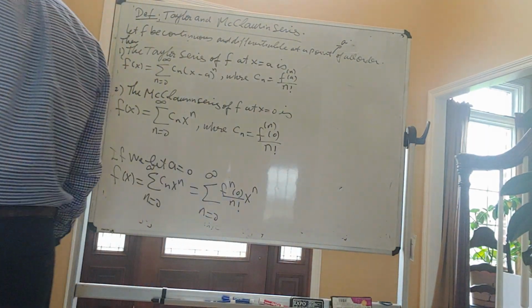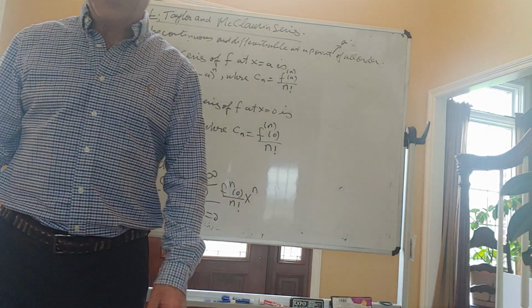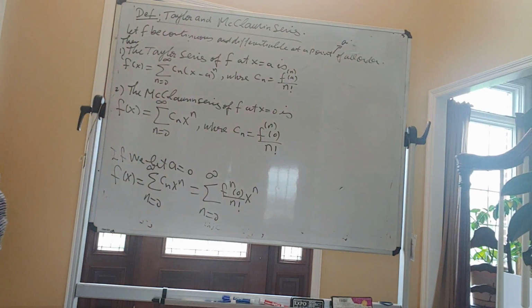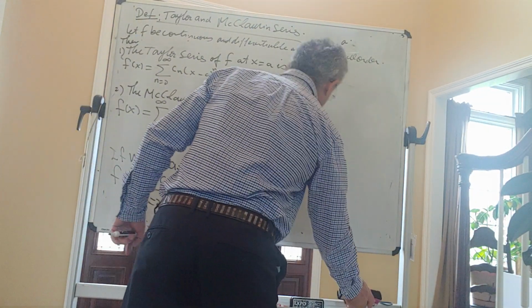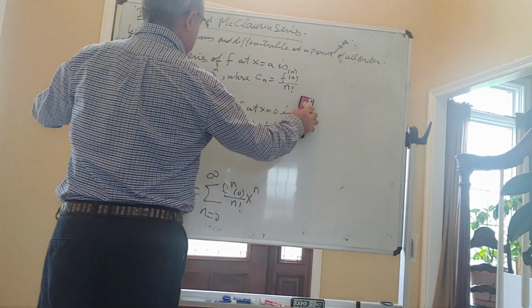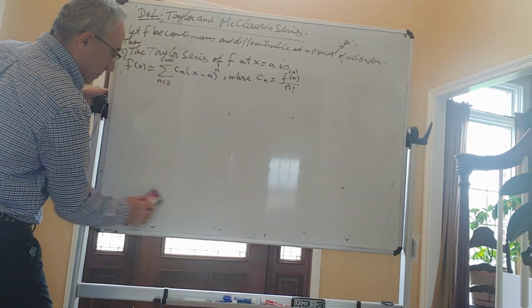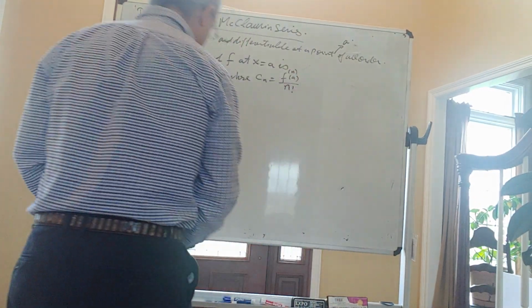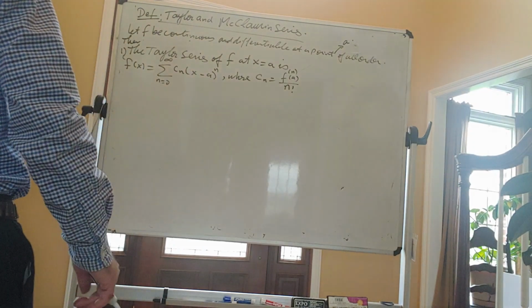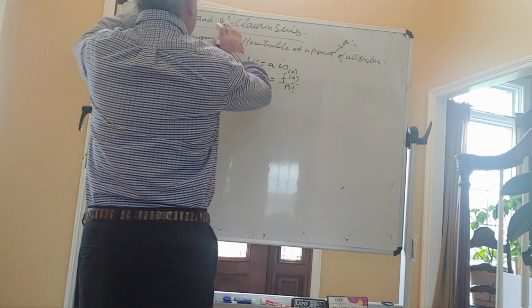And so let me do now the polynomial. Okay? Let f be continuous. This is a Taylor polynomial.